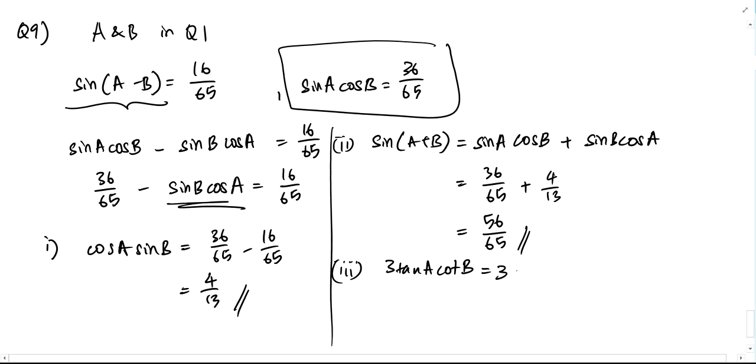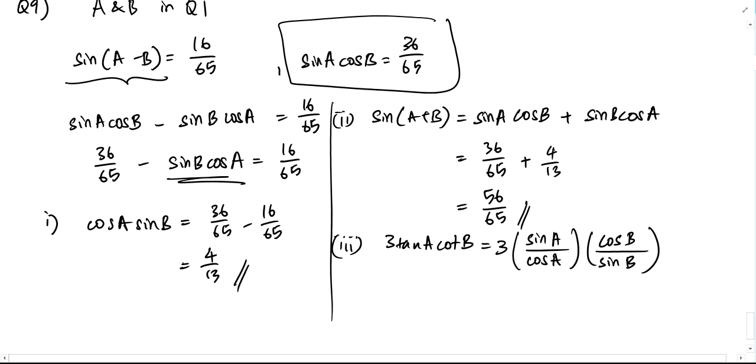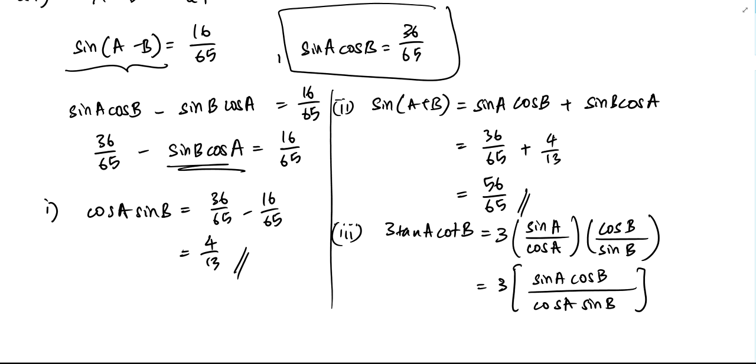So 3, tangent A becomes sine A over cosine A. Now cotangent B becomes cosine B over sine B. Then we can group all the numerators together. 3 times of sine A cosine B divided by cosine A sine B. All these should be familiar already.